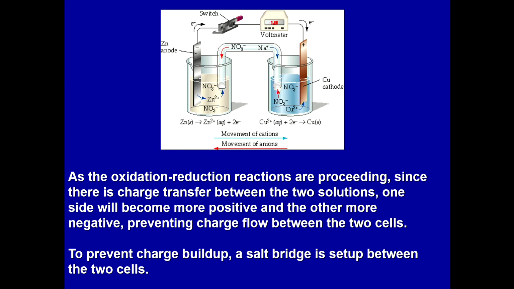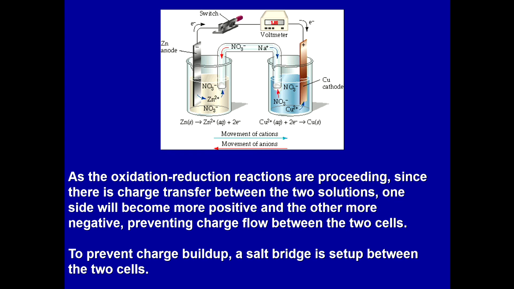Because they want to balance the charge. Yes. Because after the reaction, on the left side and the right side there are too many ions, so the salt bridge can balance the charge.